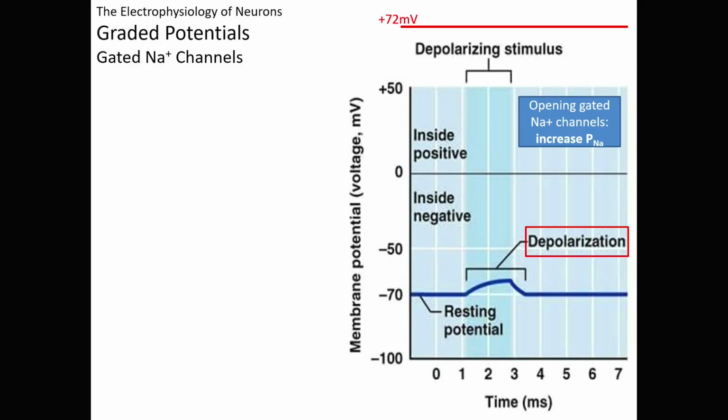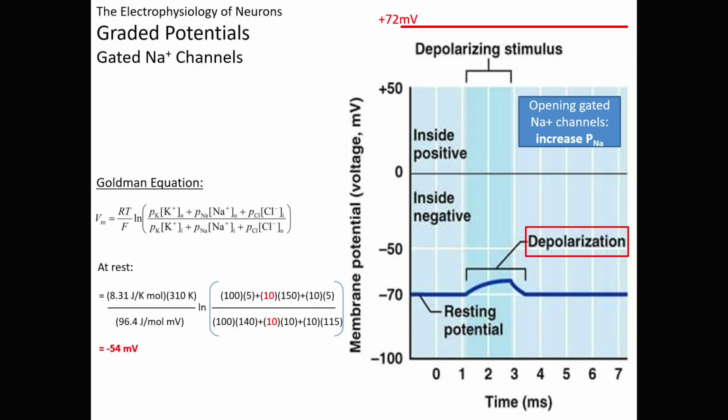Remember that when you have charge separation across the membrane, that is called polarized, because you've got a positive side and a negative side. You have these two poles. Here, because you're pushing closer to a zero value, we call it depolarization. It's almost like you're moving towards that zero value where there would be no polarity.